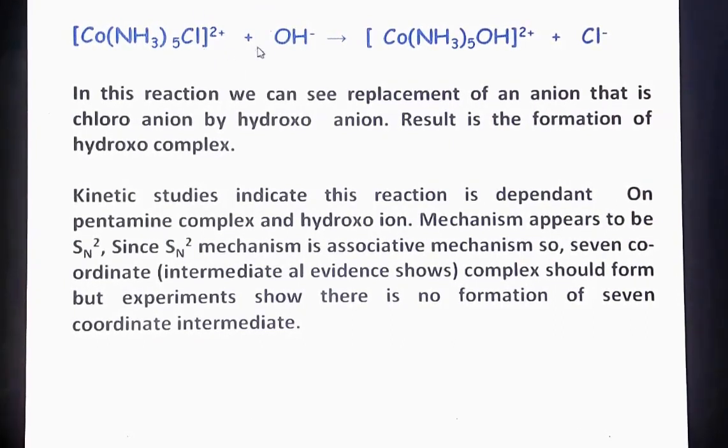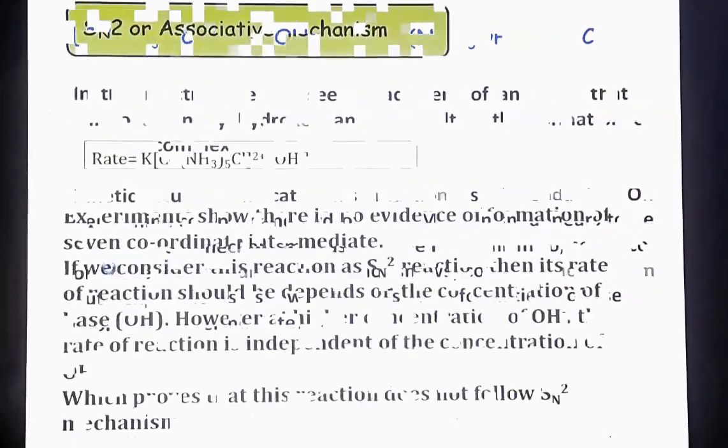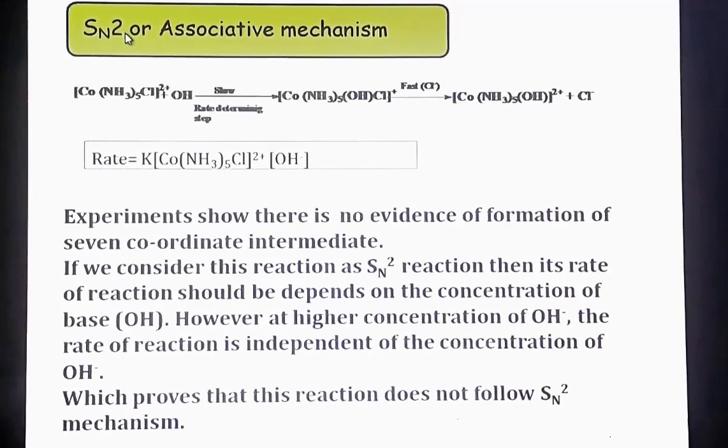And if this reaction is following the SN2 mechanism, then a 7-coordinated intermediate should be formed. If we assume that this reaction is based on the SN2 mechanism, then the steps should be like this.